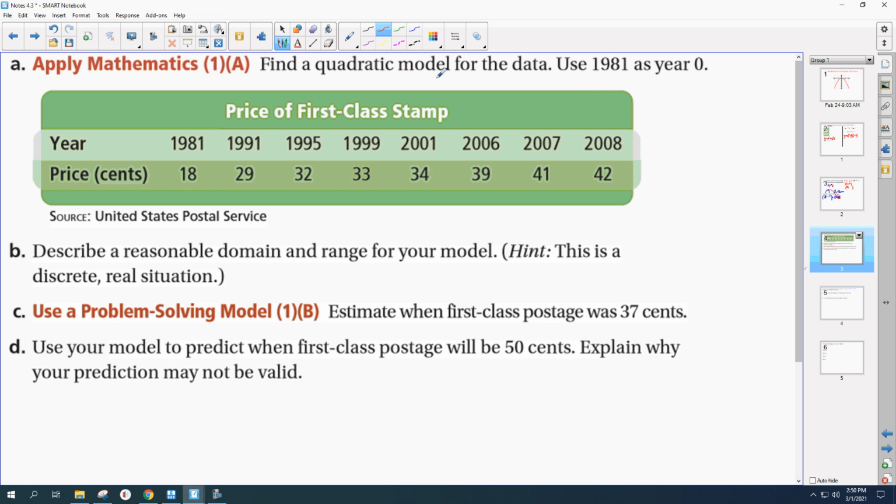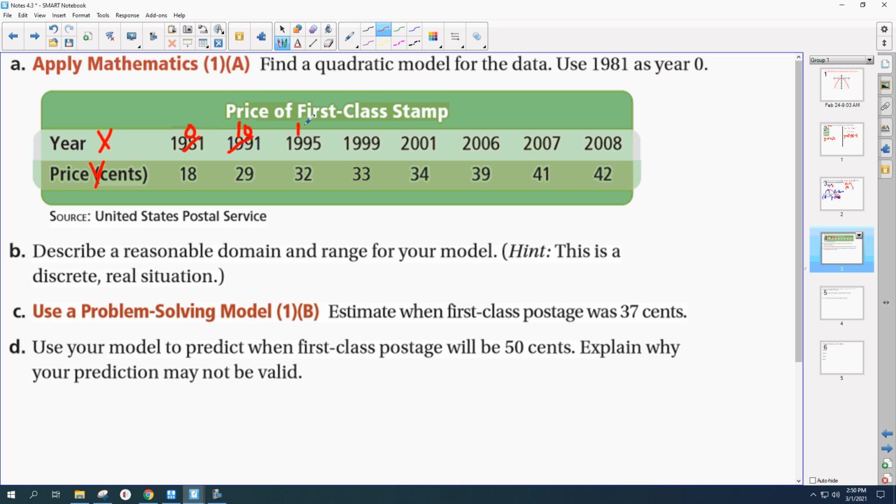Next, find a quadratic model for these data. Use 1981 as year 0. So basically, this is going to be your x numbers. These are your x numbers, and these are your y numbers. But year 0 is 1981, so that means 1991 is 10 years after the start.